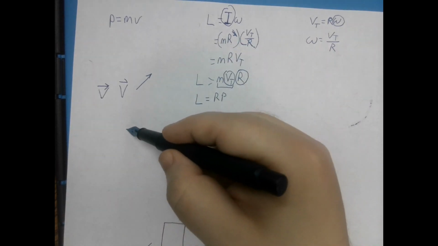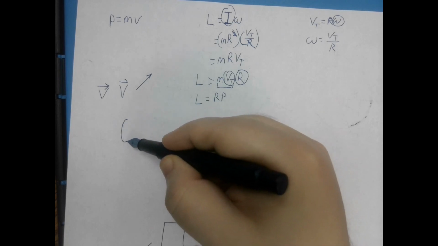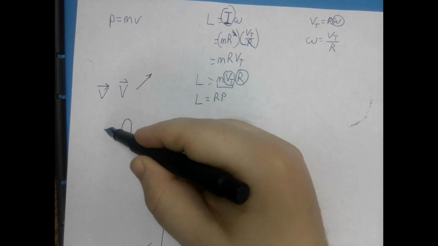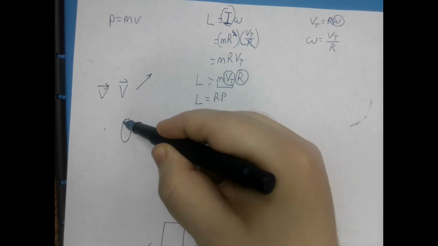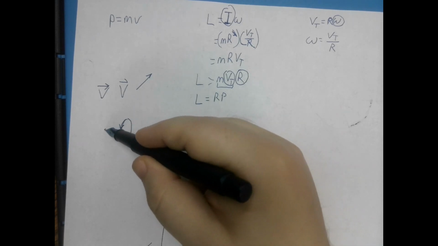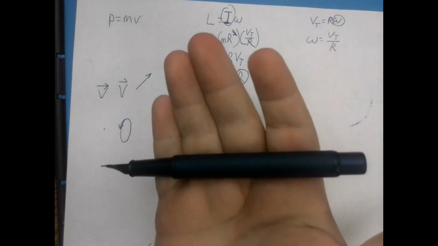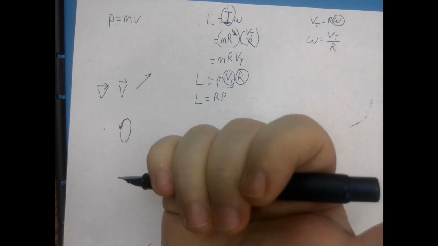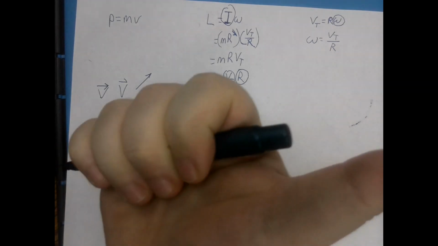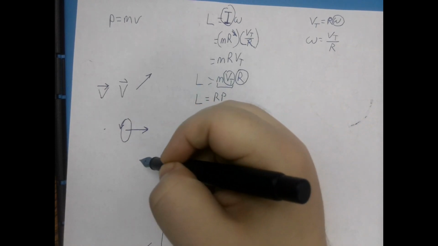So let's imagine a disk spinning like this. This is a perfect circle. This is the right hand rule: if you were to wrap your fingers in the same direction, curl your fingers, your thumb would point in the direction of the vector.